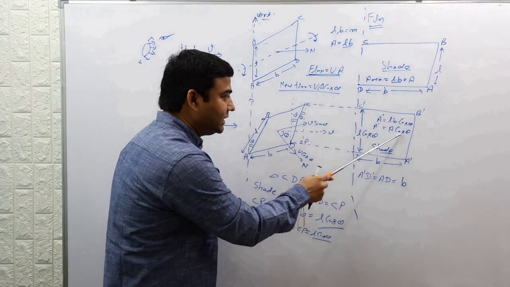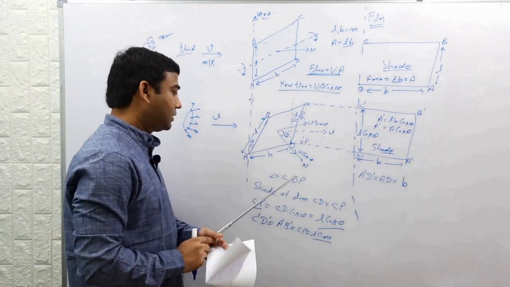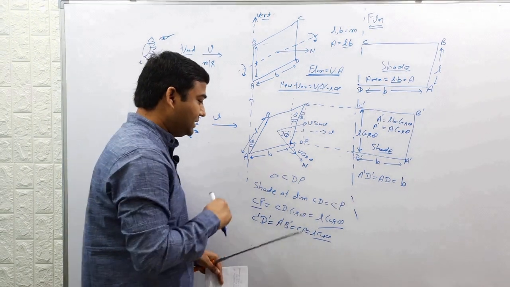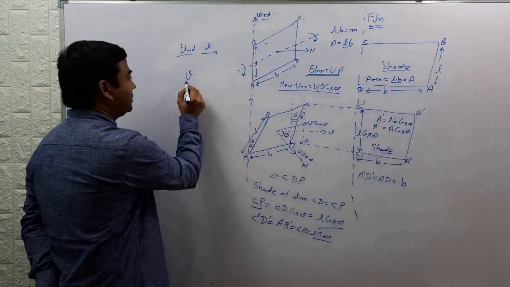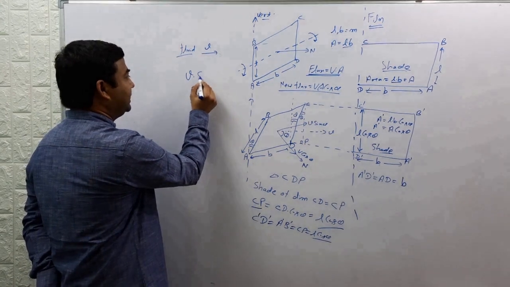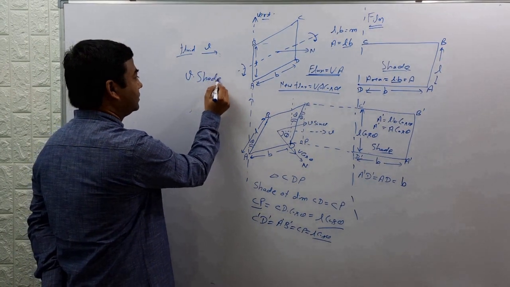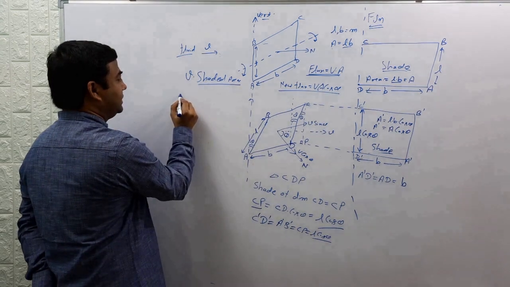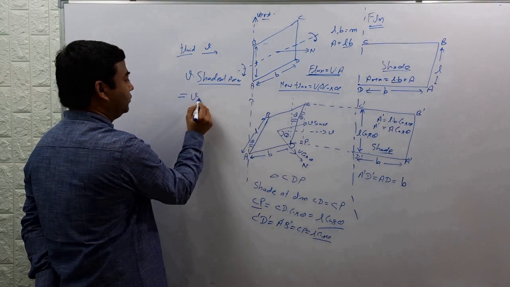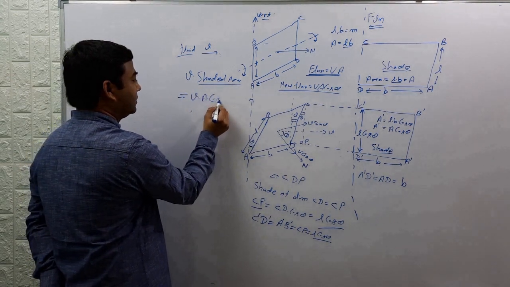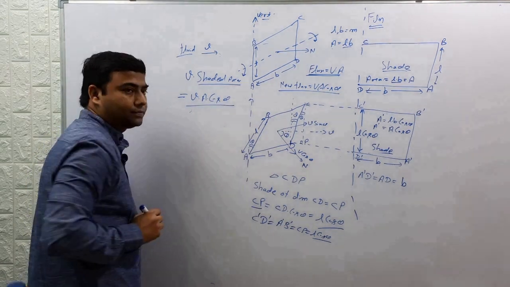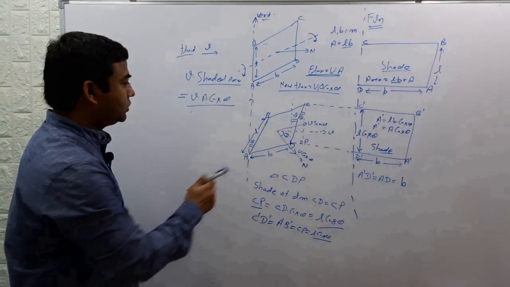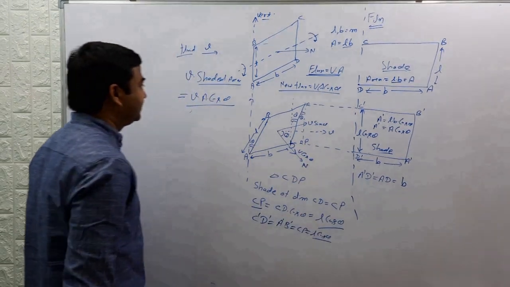Area of shade is A cos theta. So we can say vector quantity into shaded area. Shaded area is equal to V A cos theta, because shaded area is A cos theta.